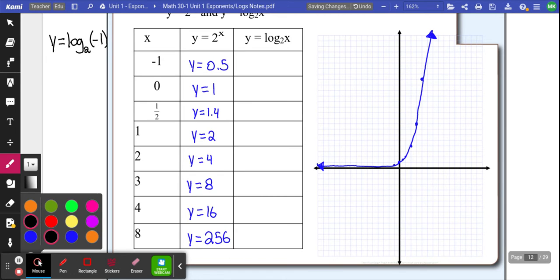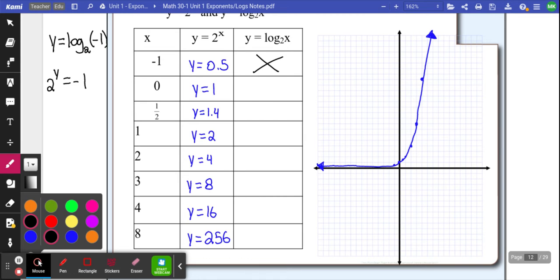Agreed? If you change that into exponential form, that would be 2 to the power of something equals -1. There is no way that you could put an exponent on 2 and turn it negative. Exponents mean you're multiplying by yourself. I'm never going to do 2 times itself to turn into a negative number. Never going to happen. That's why you get an error. That point does not exist.